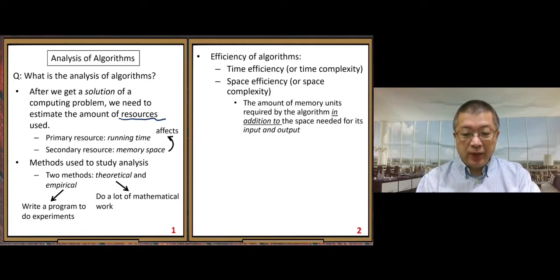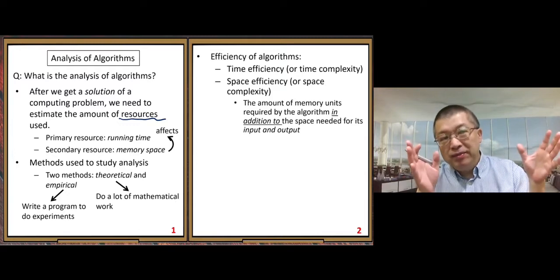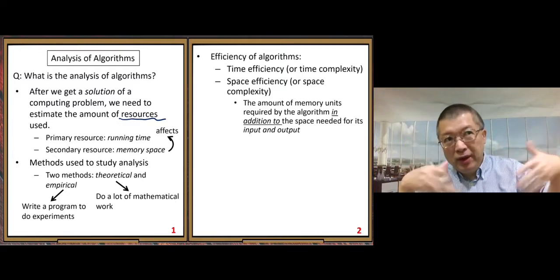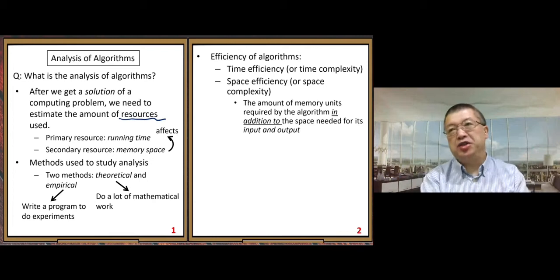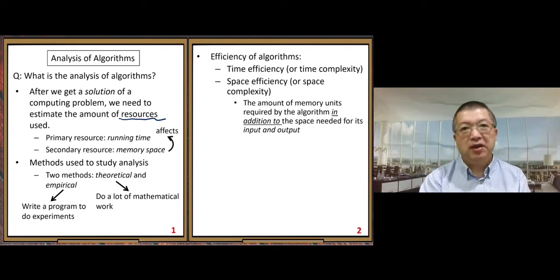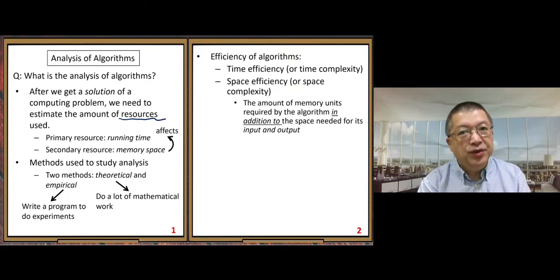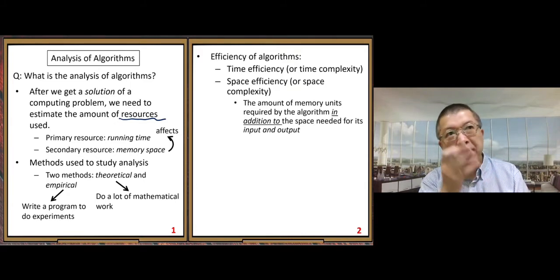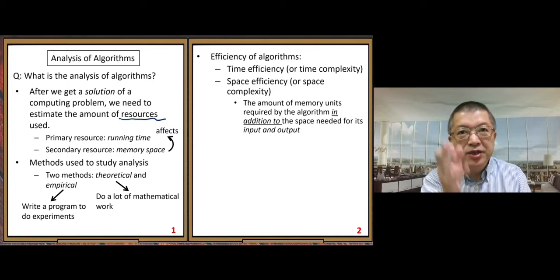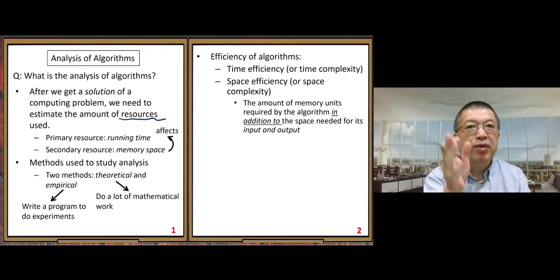Regarding the space efficiency, we want to look at that with more precise understanding. It is the amount of memory units required by the algorithm in addition to the space needed for its input and output.